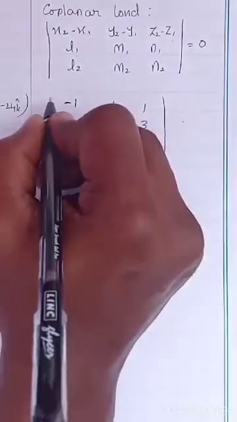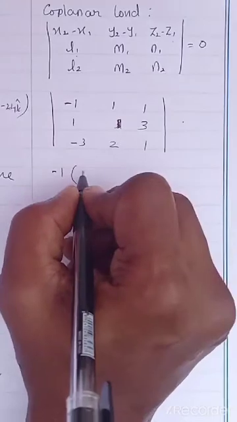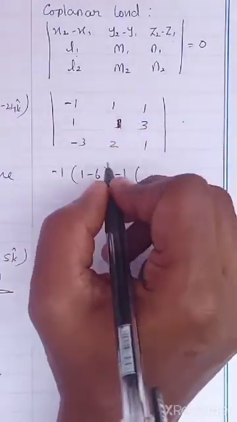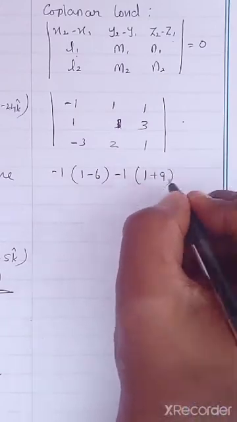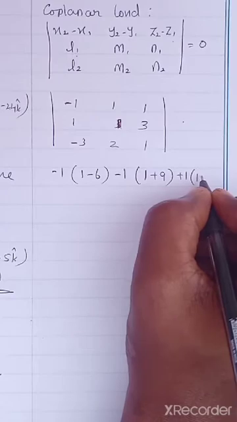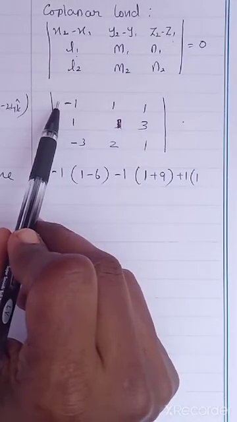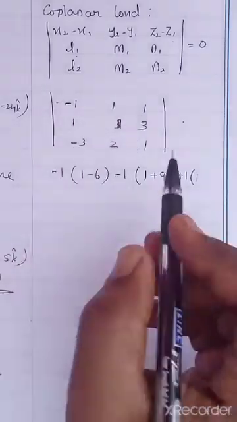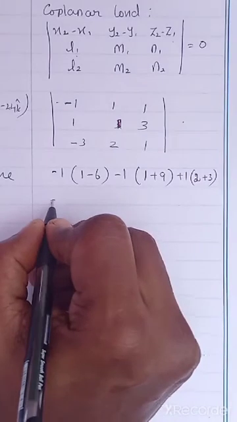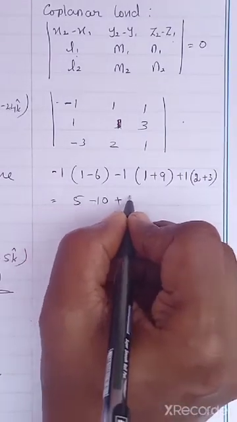What do we have to find out? We have to find the determinant value. If we find the determinant, this will go off, so 2 plus 3, this is plus 5, minus 10, plus 5.